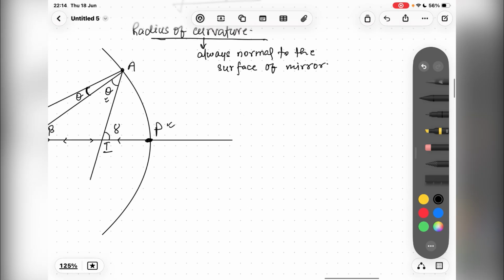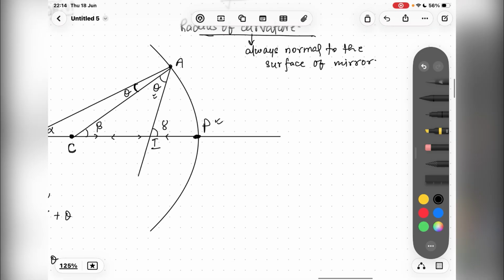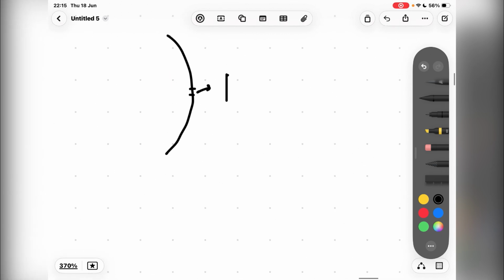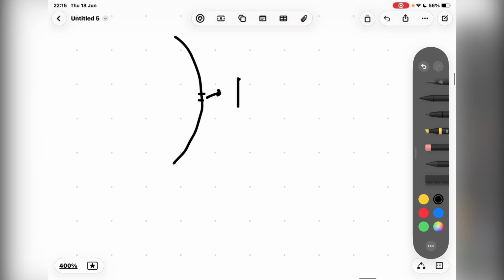Now, since we are dealing with paraxial rays, and all these rays are very close to the pole, we can say that the distance AP is almost a straight line, because if you take a curved surface and zoom in on a very small part of it, you will see that virtually that part is almost straight.